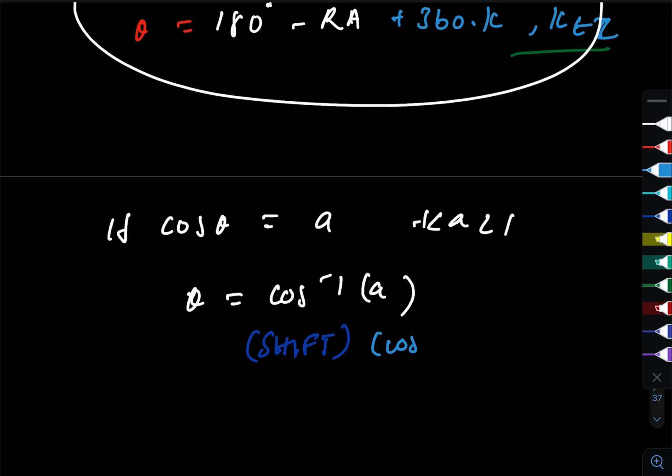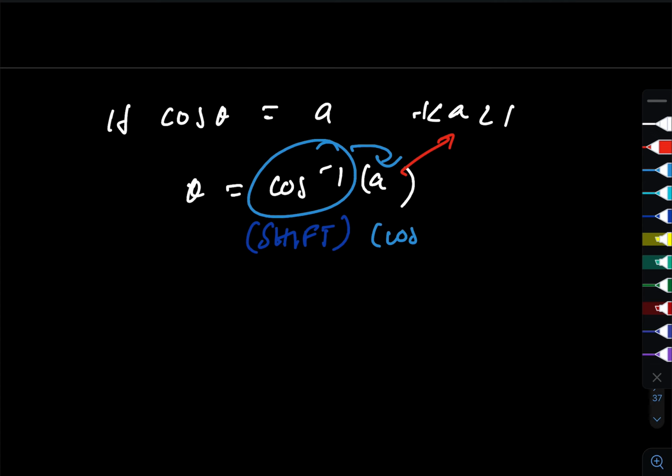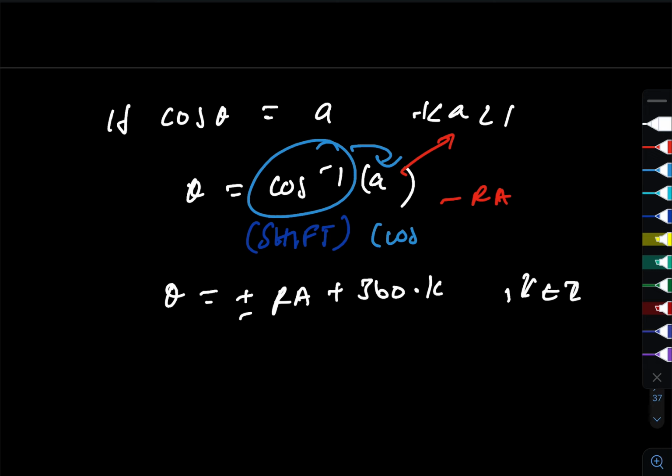Now when you do that, something like that will pop out, and then you just put that in the brackets. That number will be within that domain. When you get this, that will be a reference angle. Therefore theta is going to equal plus or minus that reference angle plus 360 times k. Again, k is an element of z.